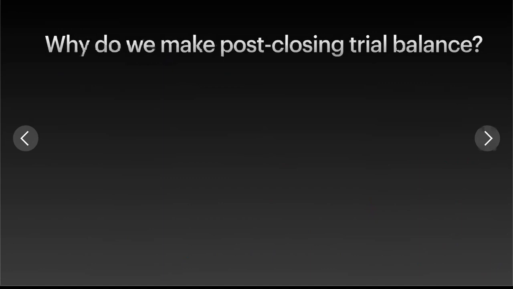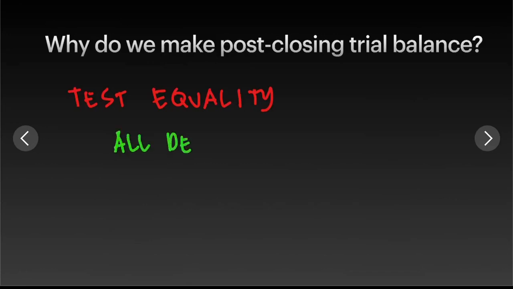Why do we make a post-closing trial balance? Since I've mentioned earlier that it is possible to commit an error, a post-closing trial balance is necessary to test equality of the accounts. What you are actually testing is that you want to verify if all debits are equal to all credits.